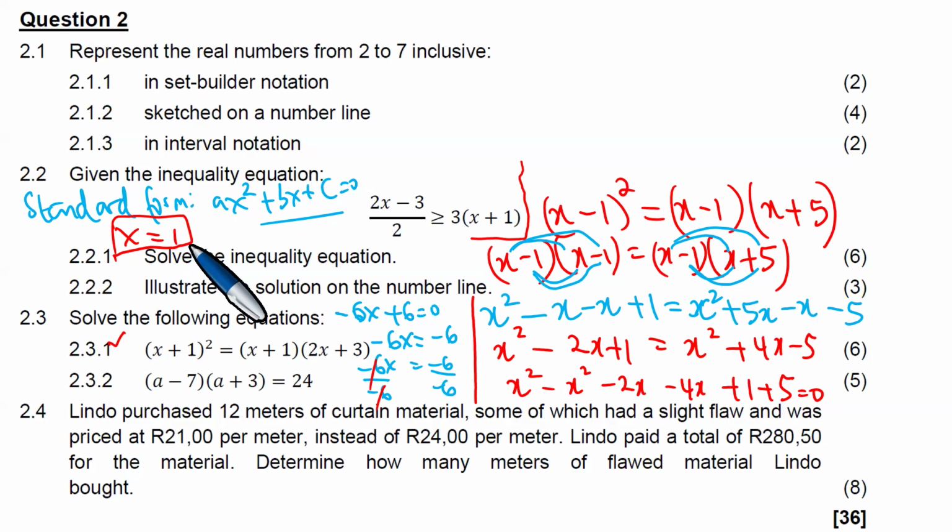Once you take the 6 across, it changes its sign from positive to what? To negative. At this point, we divide both sides by negative 6, getting x equal to 1.